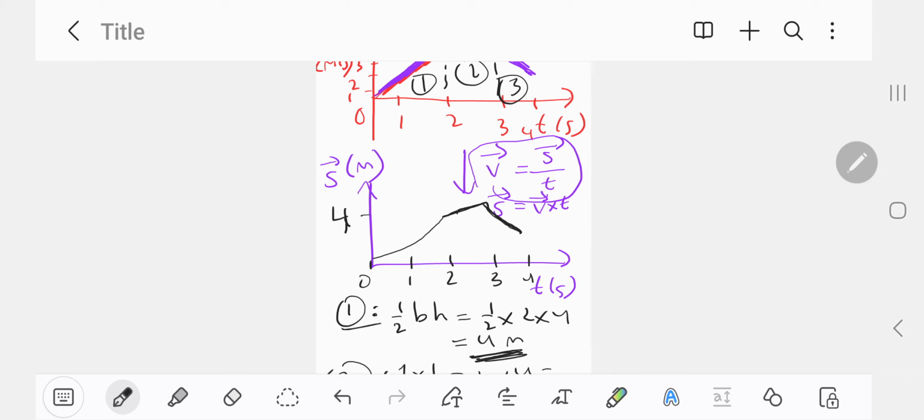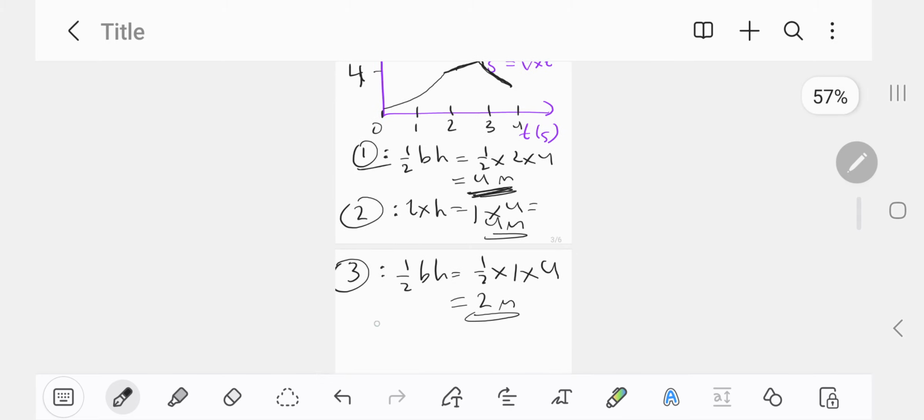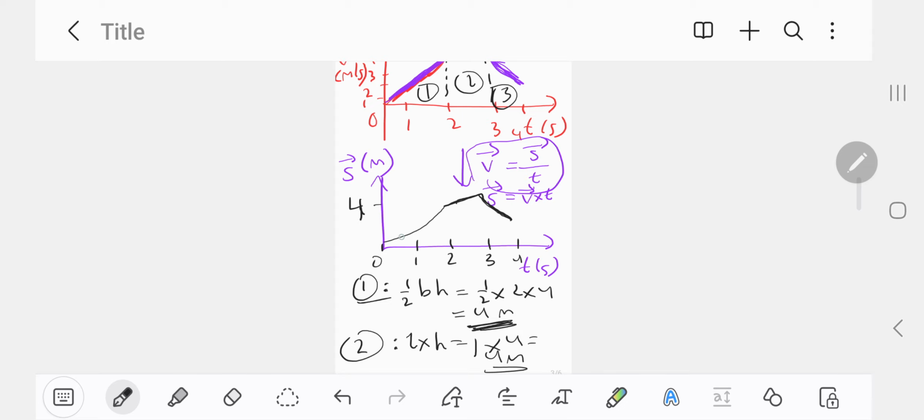Remember, displacement is how far you are from your starting point. So this is telling you these numbers here. You're moving 4 meters away, and then another 4 meters, but then you're decelerating, which means you're changing direction to go back to where you started, another 2 meters back. So that's why it's looking like this. It goes up, it's accelerating, then it continues at constant velocity, and then it drops back down.